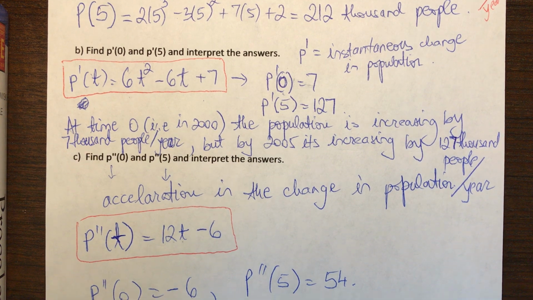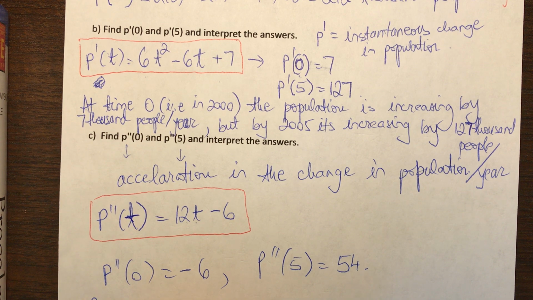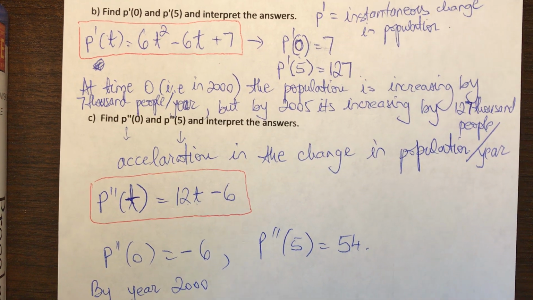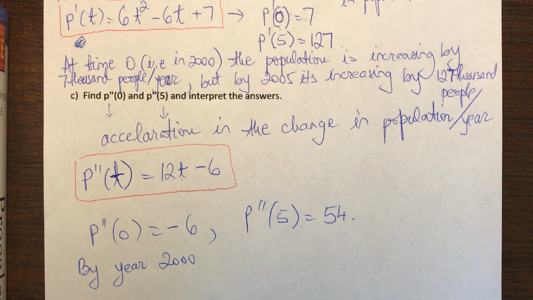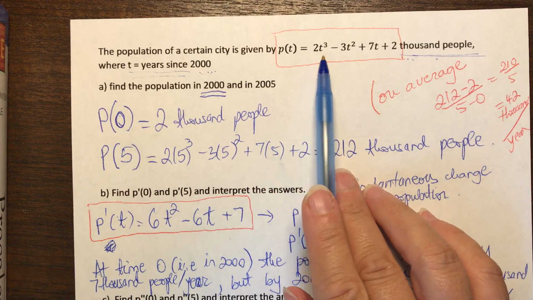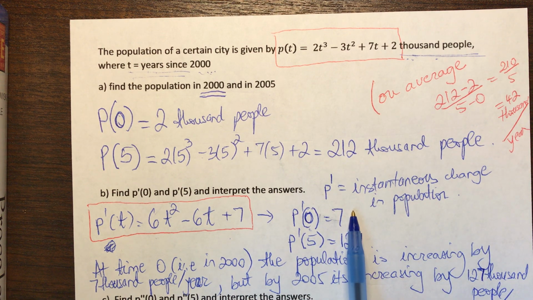These numbers mean this: in year 2000, initially, the change in population was actually slowing down. So probably if I would have plugged in a 1 here, I would have gotten less than an increase of 7,000 people per year.